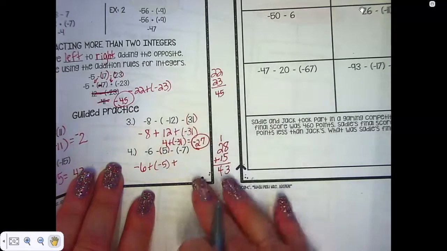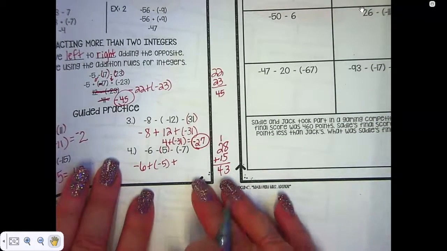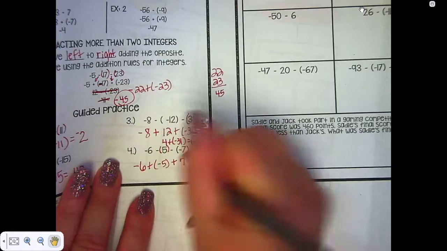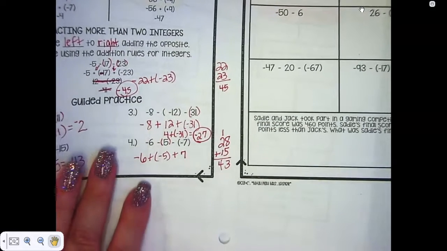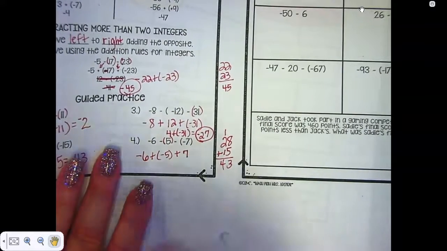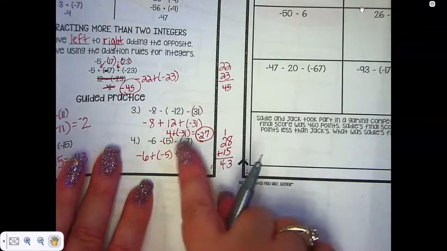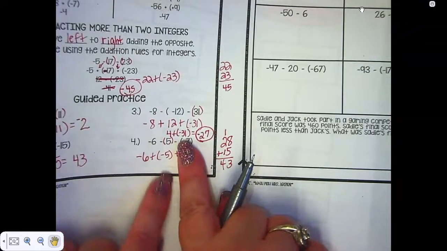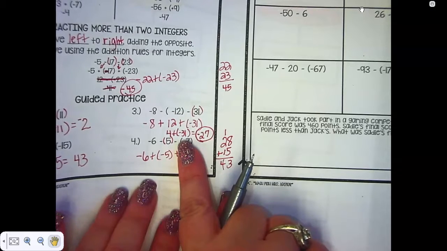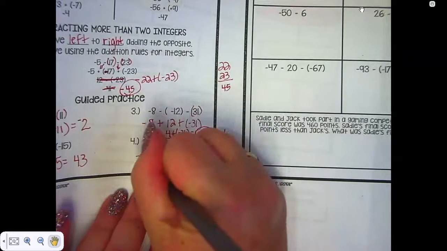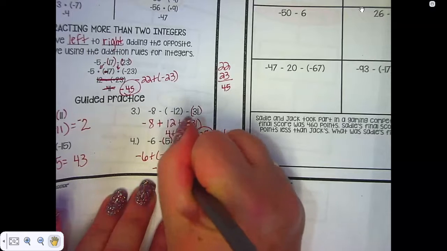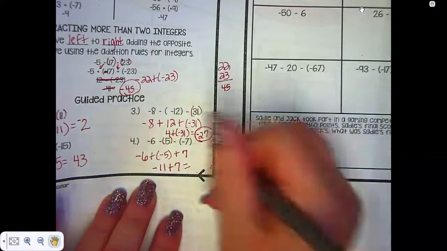And that negative 7 becomes a positive 7. And then work left to right. Negative 6 plus negative 5 is negative 11. Negative 11 plus positive 7, negative 4.